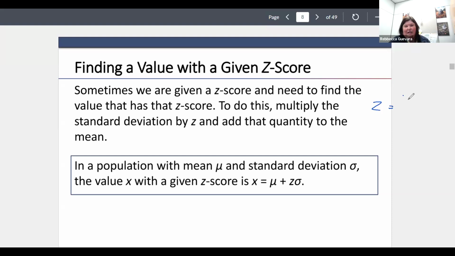We know z is x minus mu divided by sigma, and we want to solve for x. So we multiply both sides by sigma, so it cancels out here.